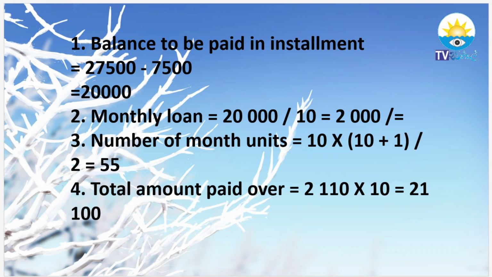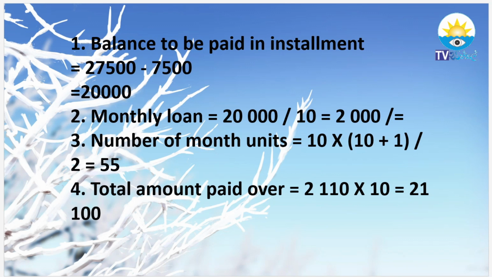Step 1, balance to be paid in installments. You have to subtract the initial payment from the price of that item. That's 27,500 minus 7,500. The answer is 20,000 rupees.